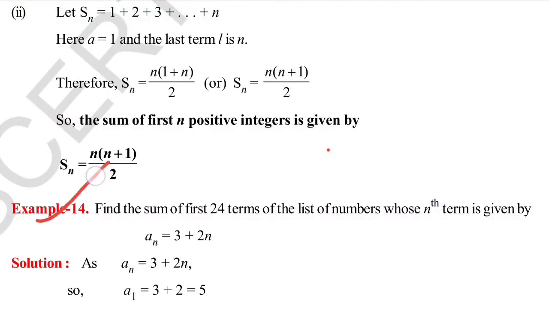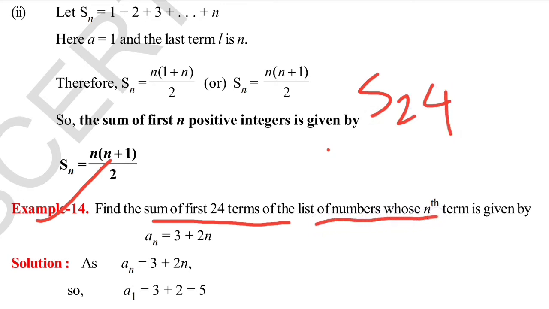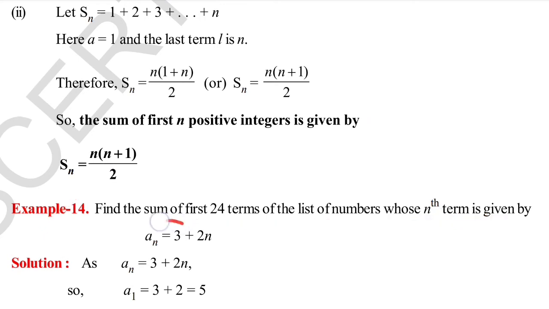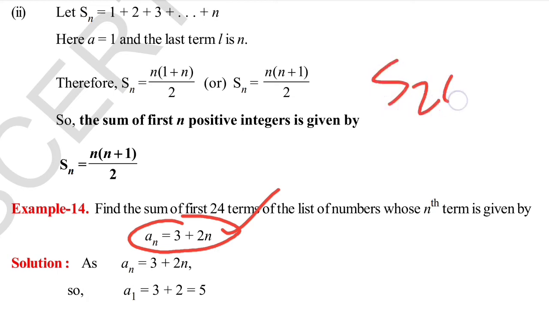Here example 14: find the sum of first 24 terms, that means S24, of the list of numbers whose nth term is given by an equals 3 plus 2n. Using the an value we have to find the sum of first 24 terms. Generally, to find the sum of any number of terms we need a value and d value.